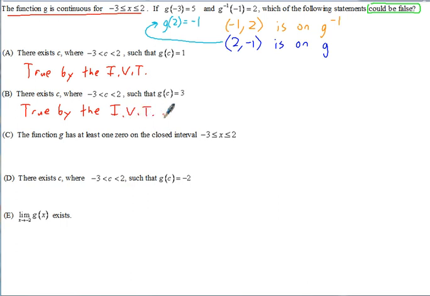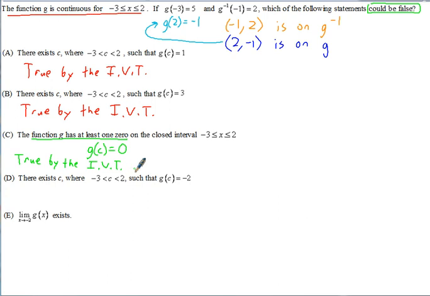The function g has at least one 0 on the closed interval -3 to 2. Well, at least one 0 means that g of c equals 0 at least one time on this interval from -3 to 2. So is 0 between 5 and -1? Yes, it is. So this one's also true by the intermediate value theorem. We look at the next one.